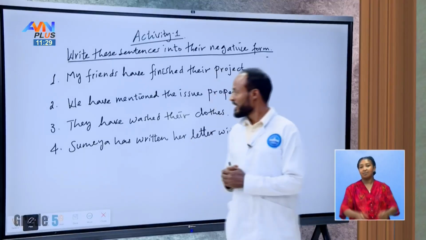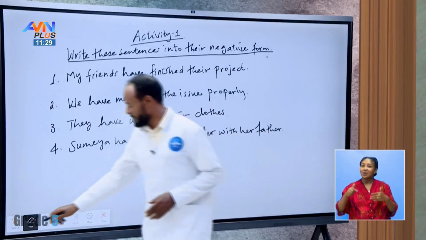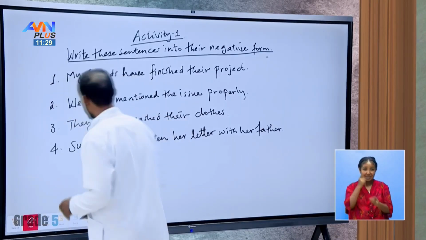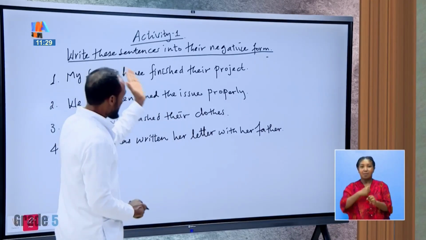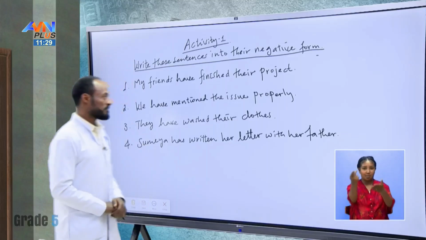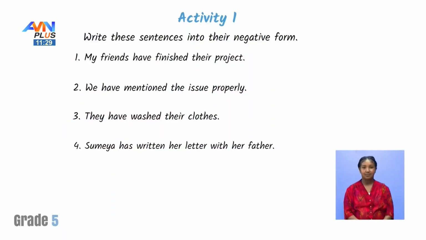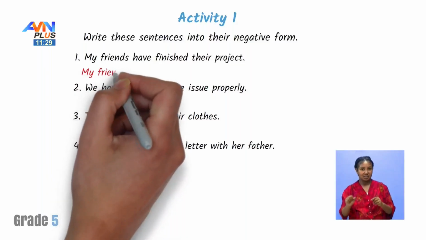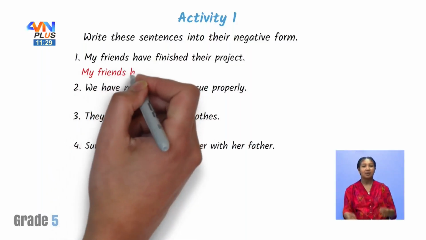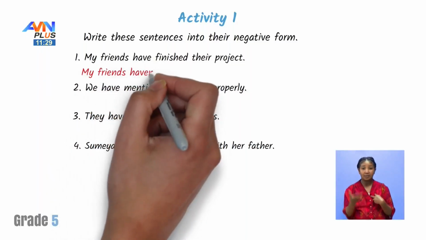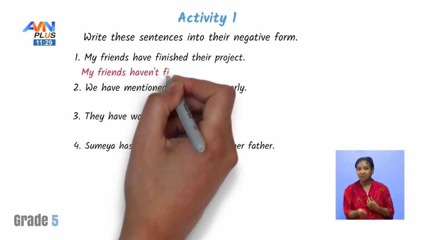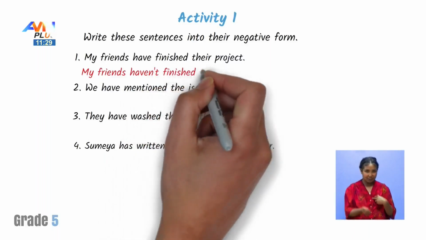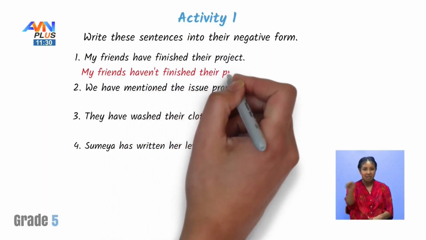Fantastic. What about the first one? Let's check whether you are right or wrong. My friends have finished their project. Yes, you can say here, my friends haven't finished their project.